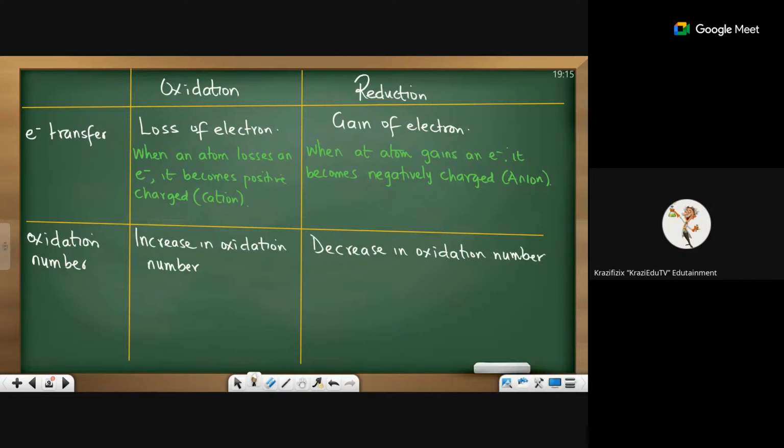Oxidation is an increase in oxidation number and reduction is a decrease in oxidation number. Please take note of those definitions. They are very, very key.